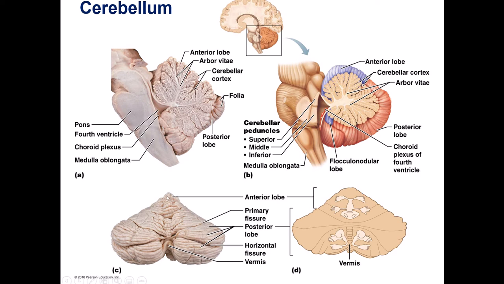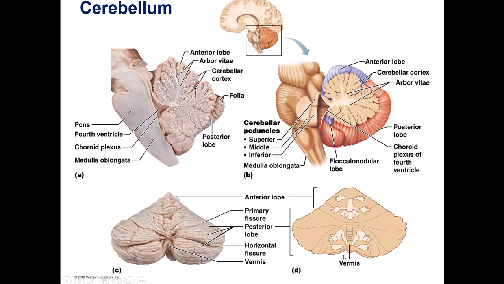There are 2 lobes. You can see there's an anterior lobe here and a posterior lobe here, separated by that horizontal fissure. See, anterior lobe, posterior lobe. And again, outer gray matter cortex. You'll notice our little funky guy here.